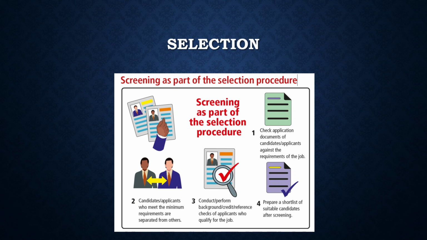In the selection process, we're going to be looking at screening. So in screening, first they check application documents of candidates or applicants against the requirements of the job, which means that they compare your CV with what is required of the person they are looking for, whether you have the qualifications they need, whether you have the skills they need, whether you have the experience they are looking for.